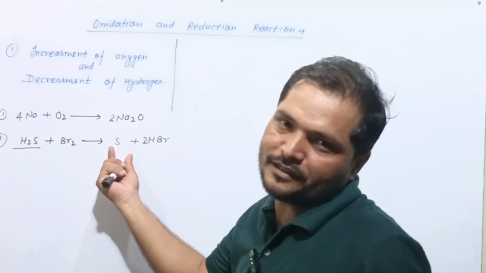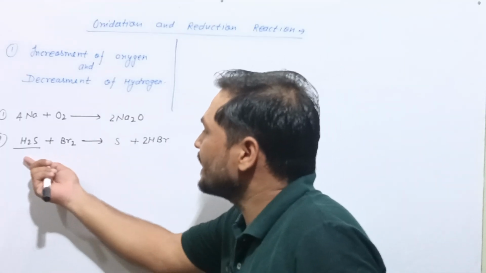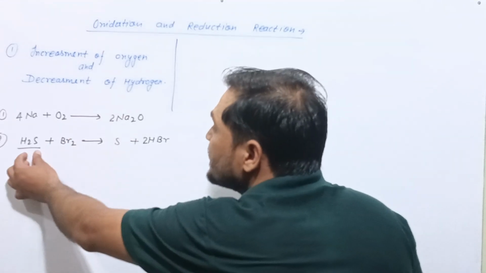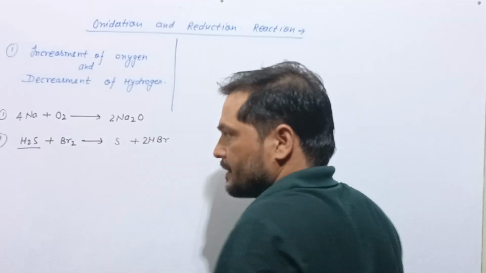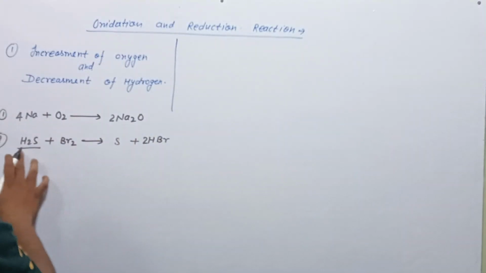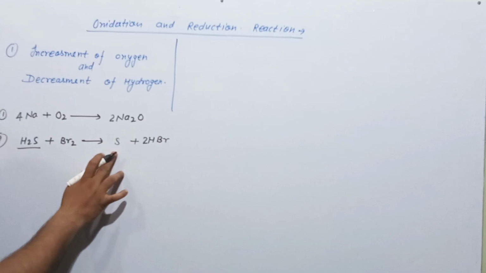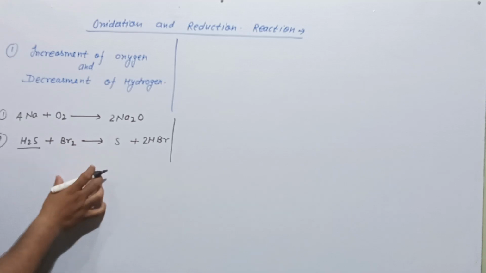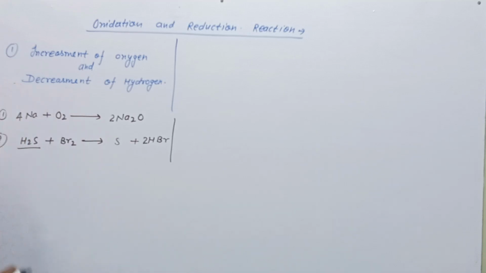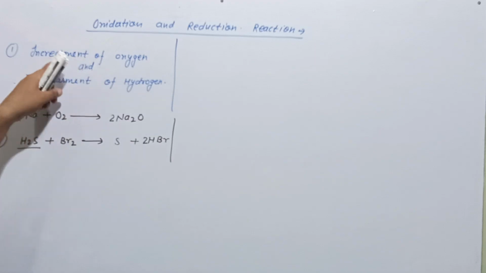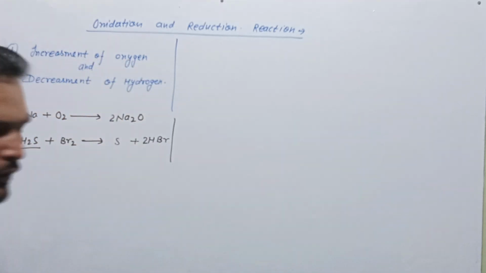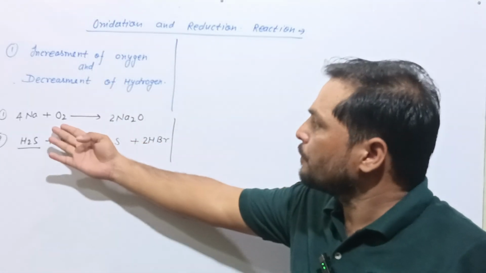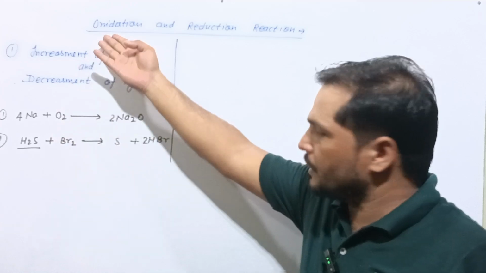There is no hydrogen with sulfur, means that after the chemical reaction, hydrogen has decreased from hydrogen sulfide. So we can say that it is also a type of oxidation reaction, because by the concept of oxidation, increase of oxygen and decrease of hydrogen is known as oxidation reaction. Hence both examples are oxidation reactions.